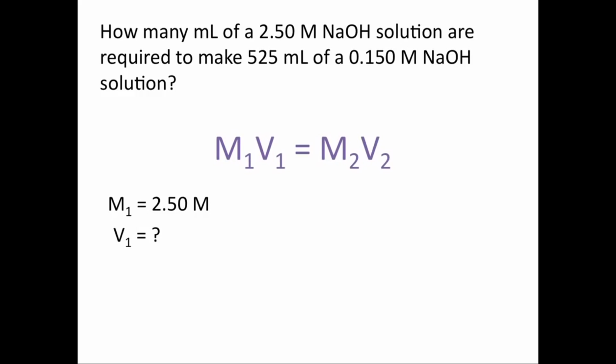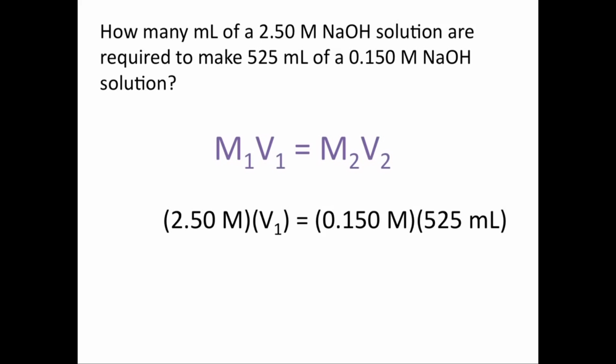Our first concentration is 2.5 molar, but we're asked how many milliliters of that solution are required, so we don't know the first volume. The final volume that we want to arrive at is 525 milliliters, with a final concentration of 0.150 molar.